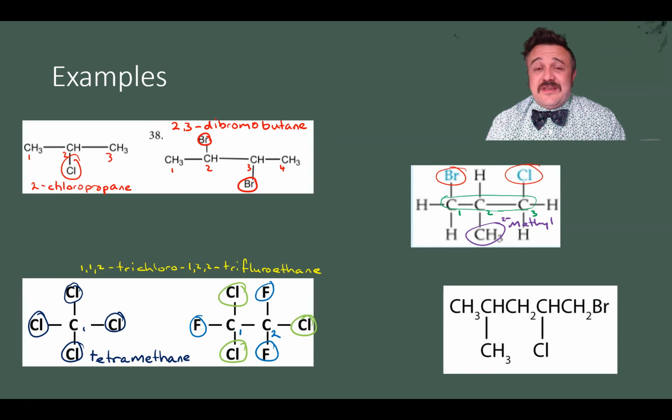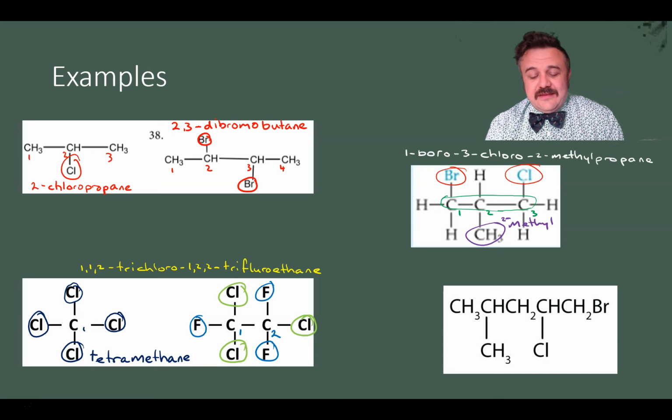It's the only one that does come secondary to halogens. So bromo, chloro, we number it from the bromo side. So it's 1-bromo-3-chloro-2-methylpropane. And we put that in alphabetical order.